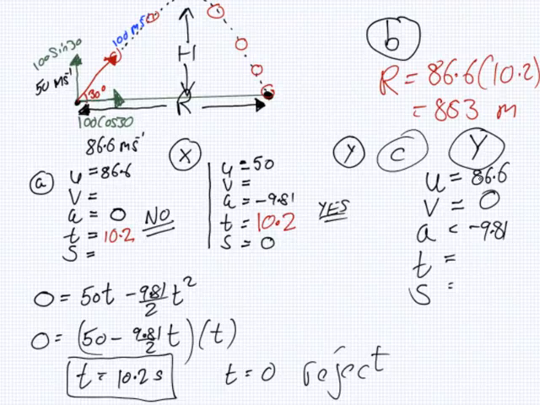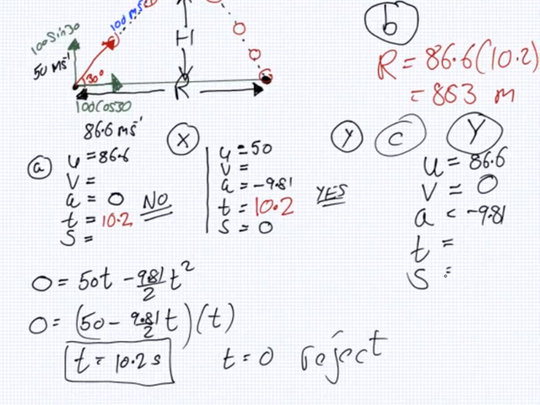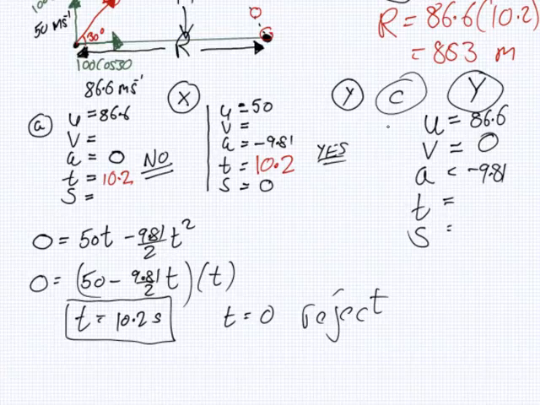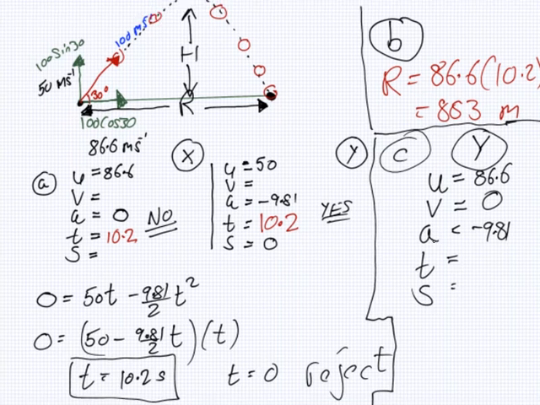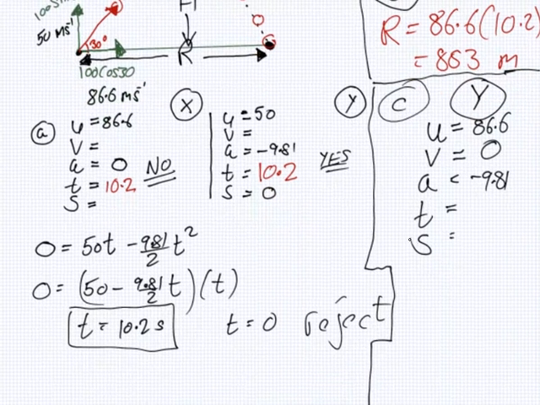So what would be the easiest formula here? V squared, I think so. This is part C. First we have to find T, isn't it? Did I ask for the T or just the S? I just need the S. That's the B part, this is the A part, and now this is the C part. What will I use?